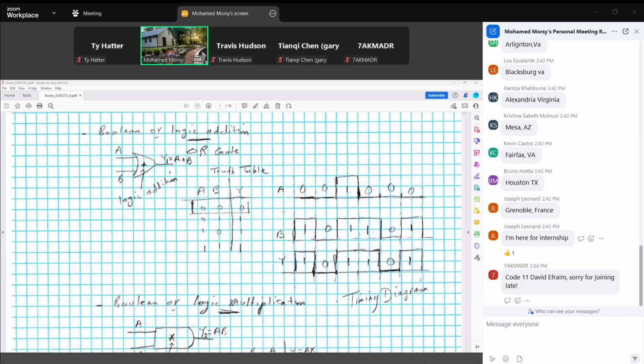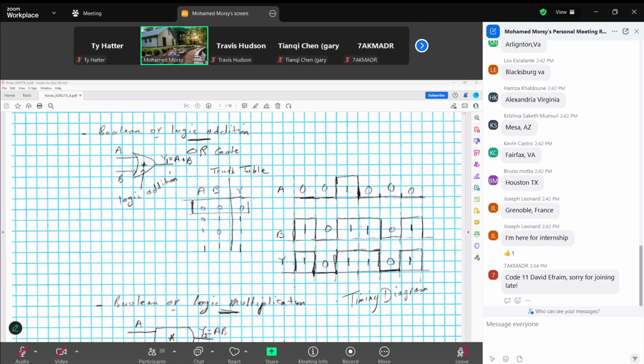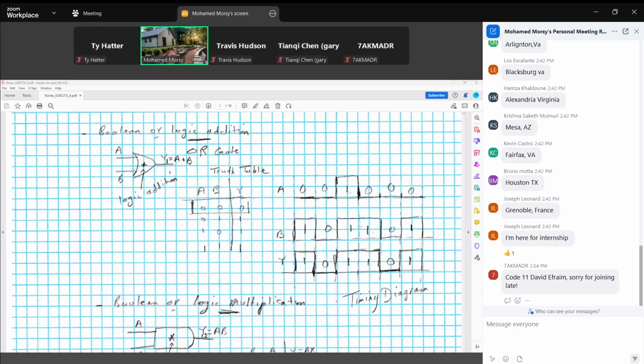This is very useful if we need to look at the timing diagrams. Timing diagrams means we see the waveforms of the inputs and the output. So if you have been asked to draw the timing diagram, this means you need to draw the waveforms of the inputs and the output.